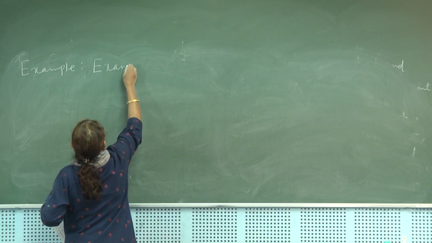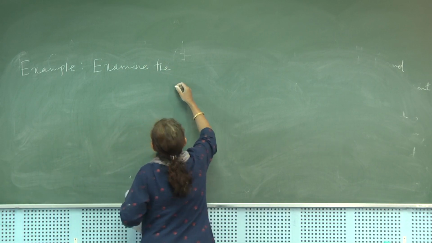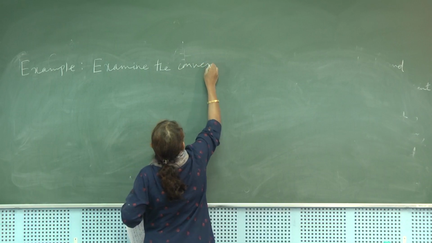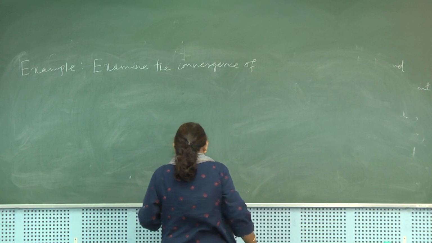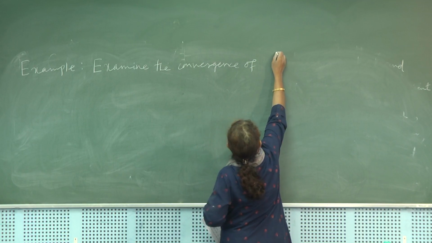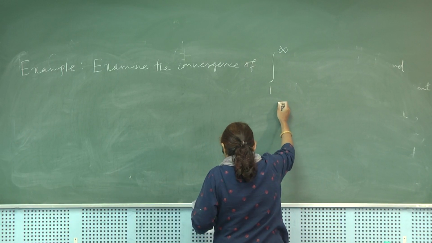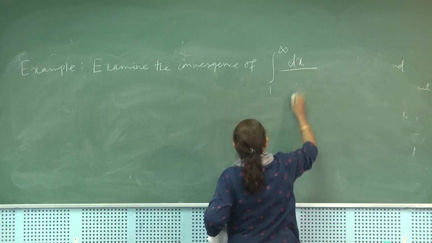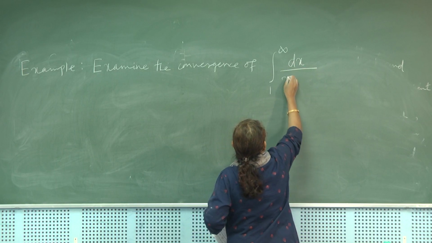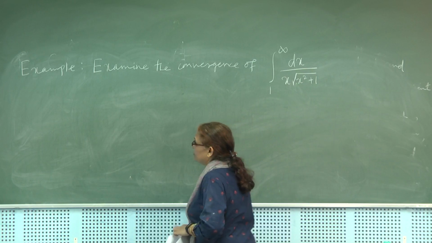So, examine the convergence of this improper integral from 1 to infinity, dx divided by x into square root of x square plus 1, say.